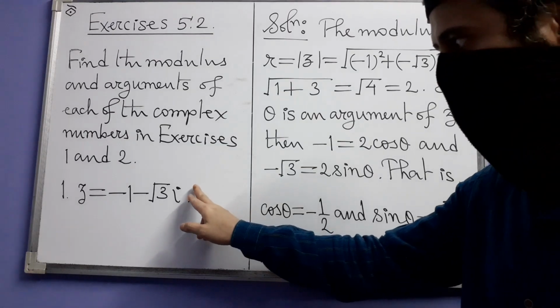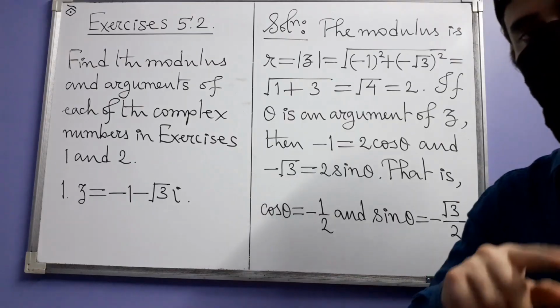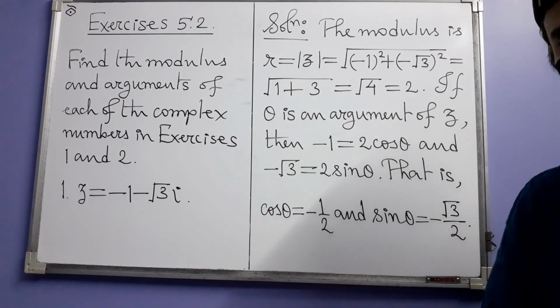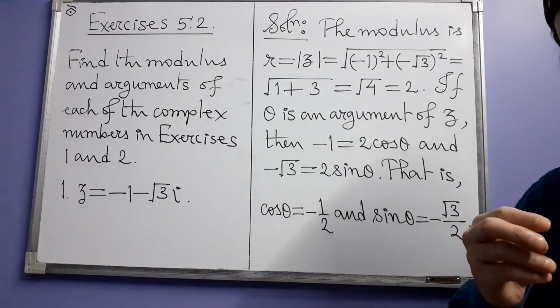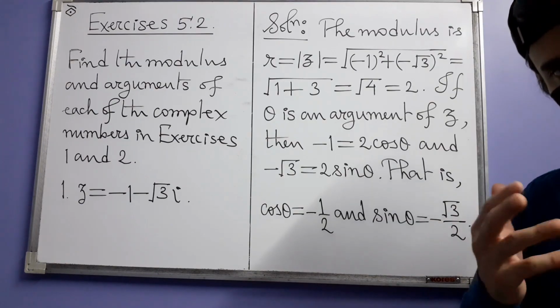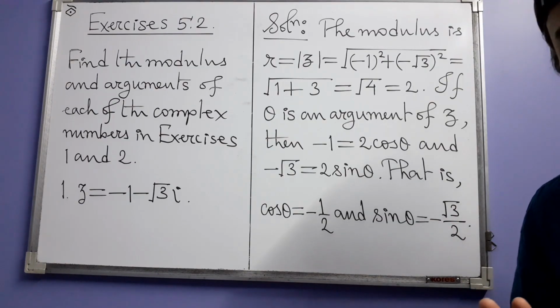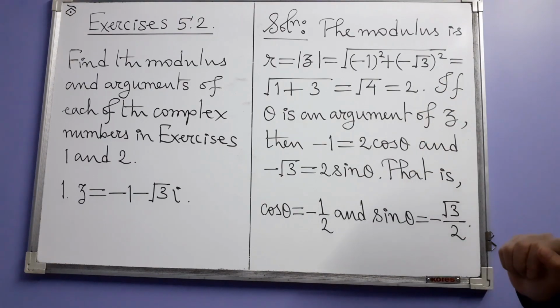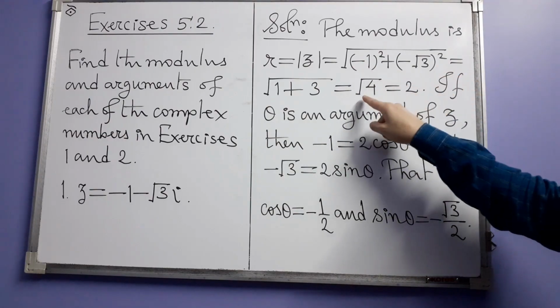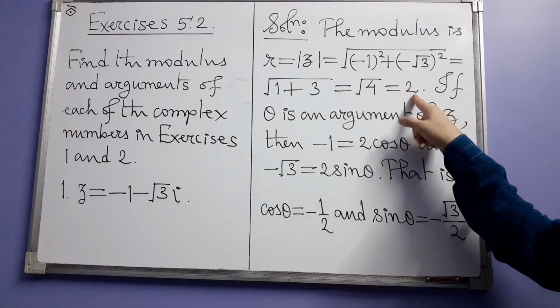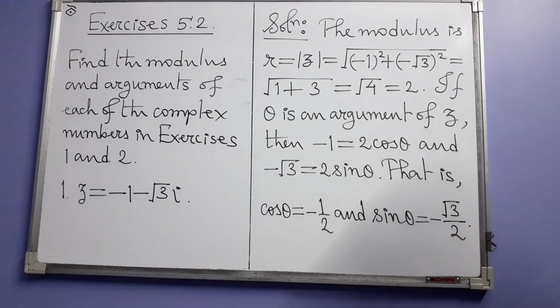Do not make the mistake of thinking that minus root 3i is the imaginary part. The imaginary part by definition is the real number itself. It does not have i. So only minus root 3. So if you do the calculation, you find 2. So that is the modulus or absolute value of our z.